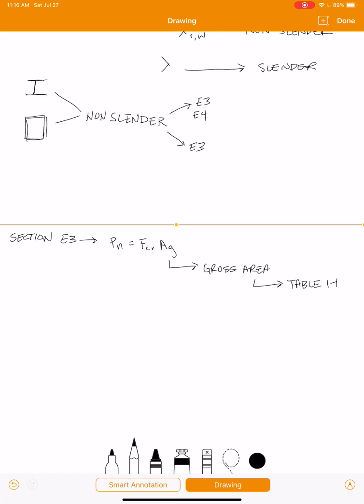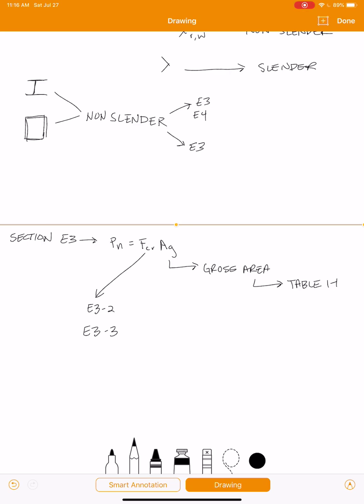Now this Fcr value, there's a couple different equations for this, and you're either going to use equation E3-2 or E3-3.